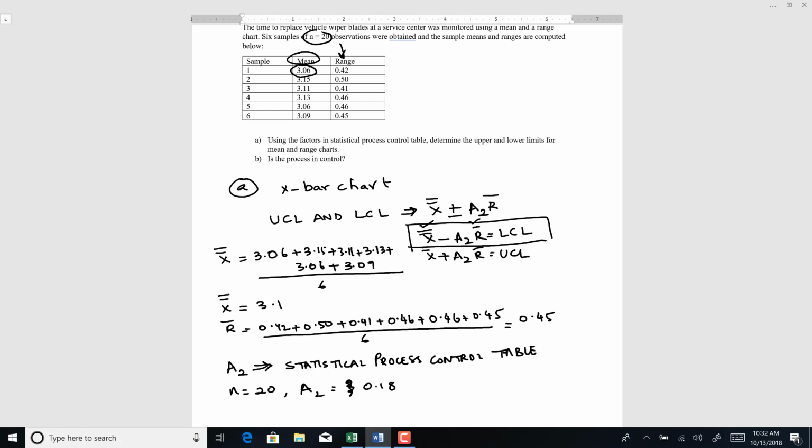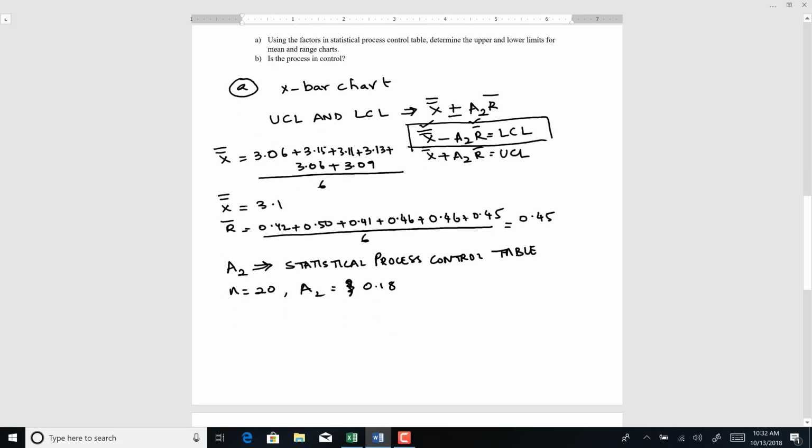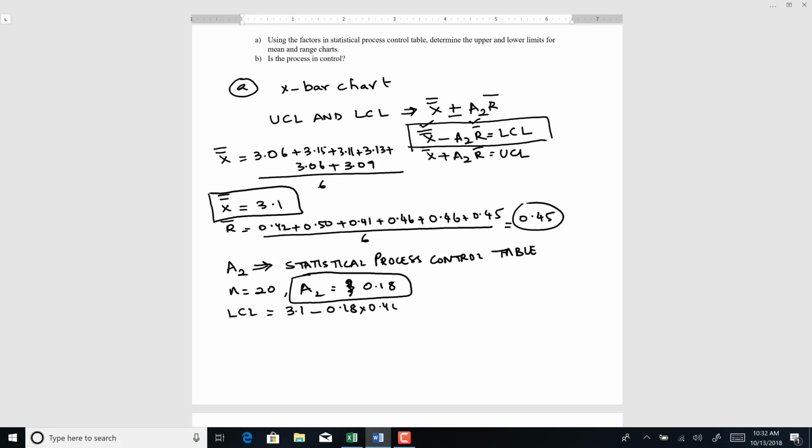Now we can calculate our lower control limit and upper control limit. The lower control limit would be X double bar, which is 3.1, minus A2, which is 0.18, multiplied by R bar, which is 0.45. If we calculate, this will be 0.019.